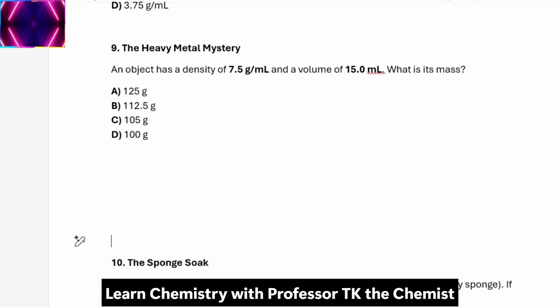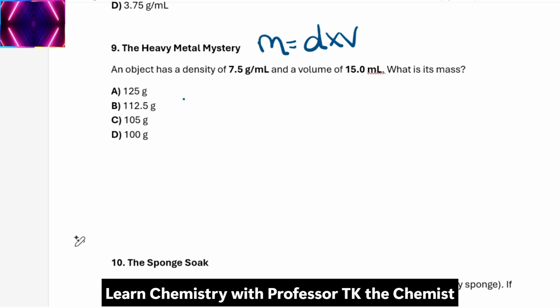All right, let's take a look at number 9 now. An object has a density of 7.5 grams per milliliter and a volume of 15.0 milliliters. What is its mass? For density calculations that have you looking for mass, the formula is M equals density times volume. So you all can actually remember this one.